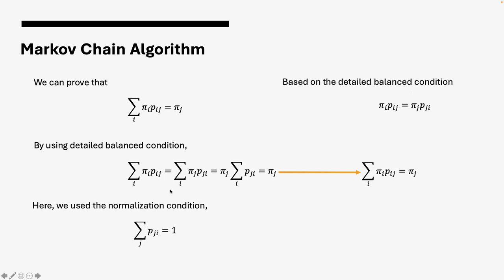As this summation depends only on i, we can take this pi_j outside the summation. Therefore, we have only Pji within the summation.